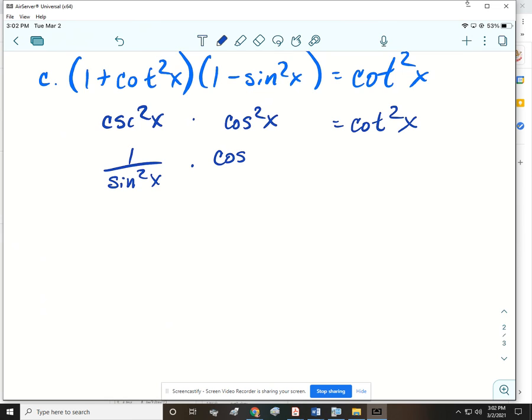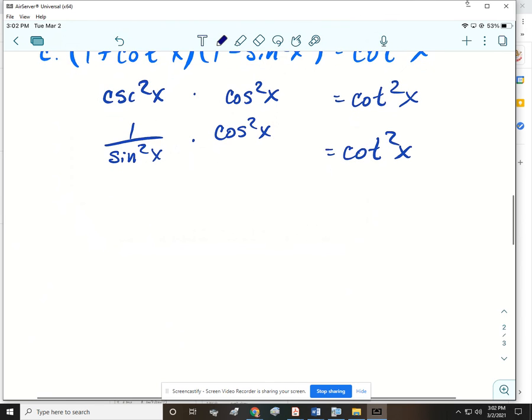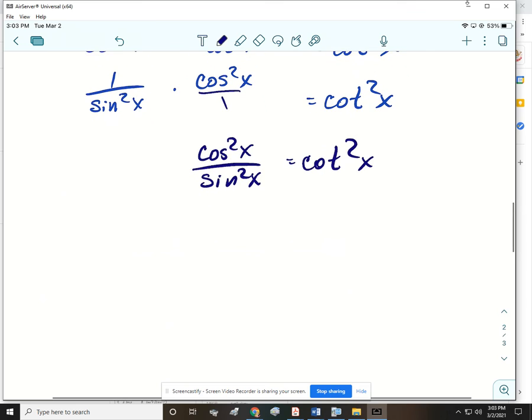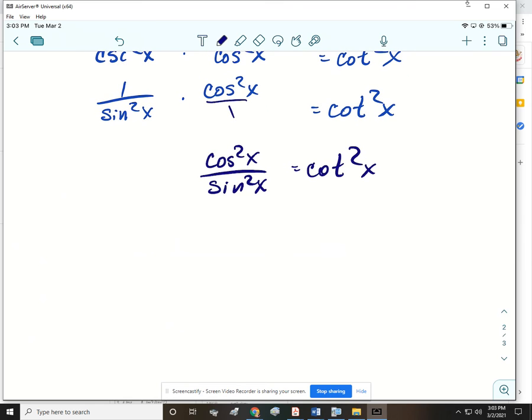Now cosine is already a cosine. Then when I multiply that together, I multiply across the numerator, across the denominator, so it's over 1. Right? And then that's an identity. That's our quotient identity. That's going to give you cotangent squared of x equals cotangent squared of x.